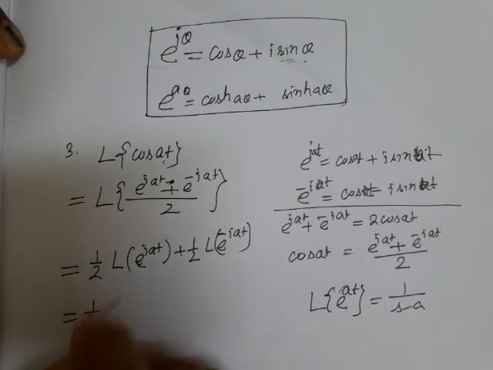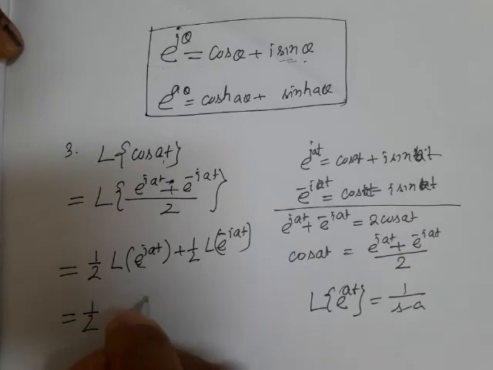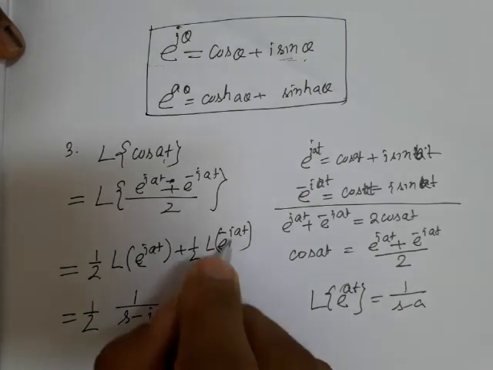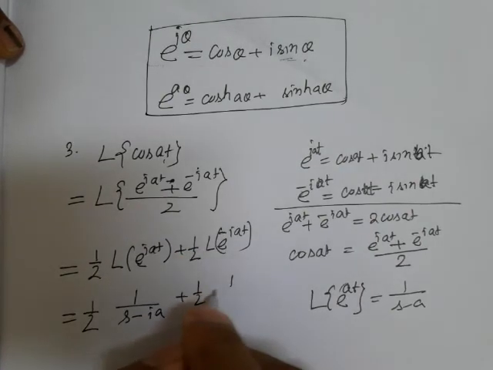So what do we have to write here? 1 by 2 into 1 by s minus i a, plus 1 by 2 into 1 by s plus i a.